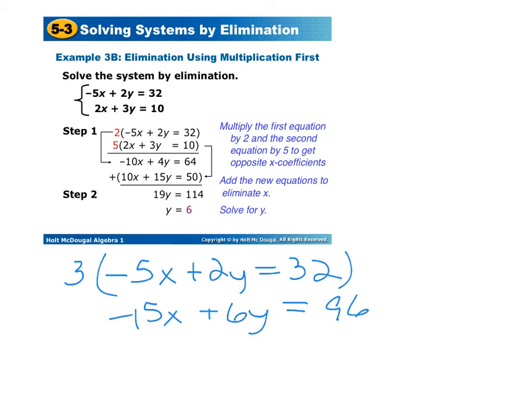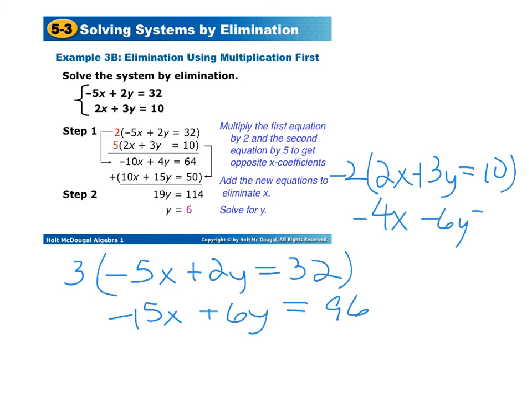Now, I want this to become a 6, but a negative 6. What can I times 3y by to make it a negative 6? 2 is already negative, so negative 2, right? So I'm going to take my second equation, 2x plus 3y equals 10. Multiply everything by negative 2. Get negative 4x minus 6y.